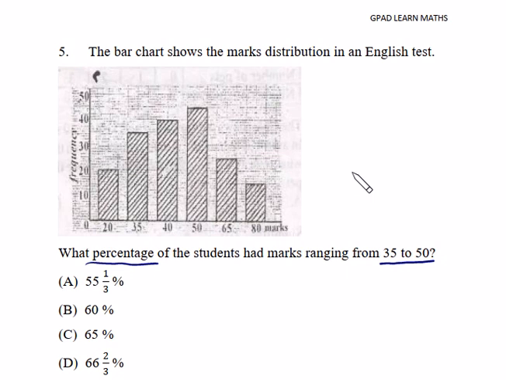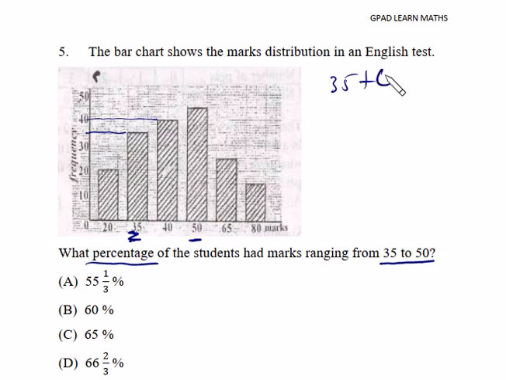Okay, so the question is, how do I get the number? First of all, let's get the number that had marks ranging from 35 to 50. So what would that be now? From 35 up to 50. Now, how many had 35? 35 had 35, so 35 here plus how many had 40 marks? 40 had 40.